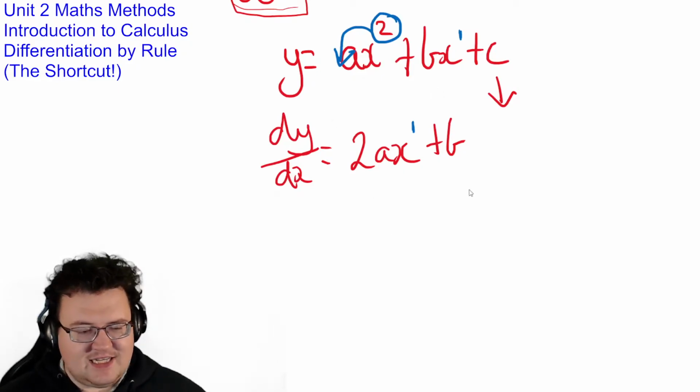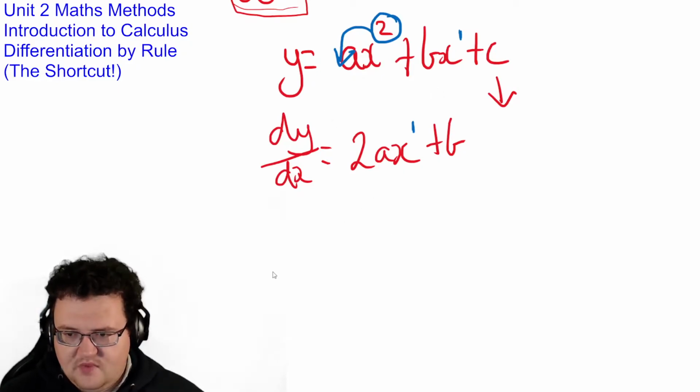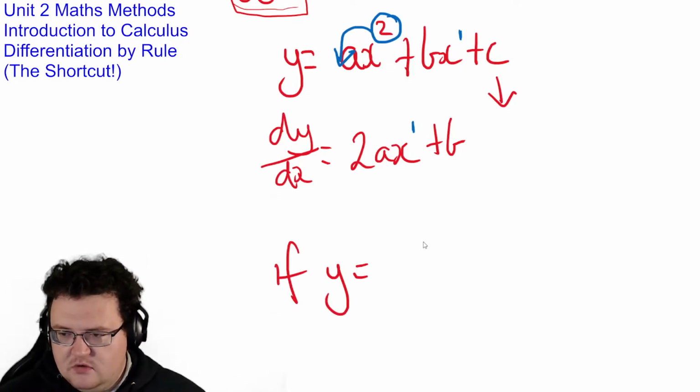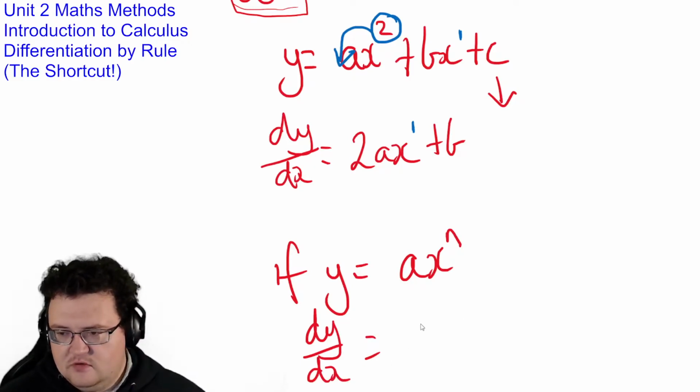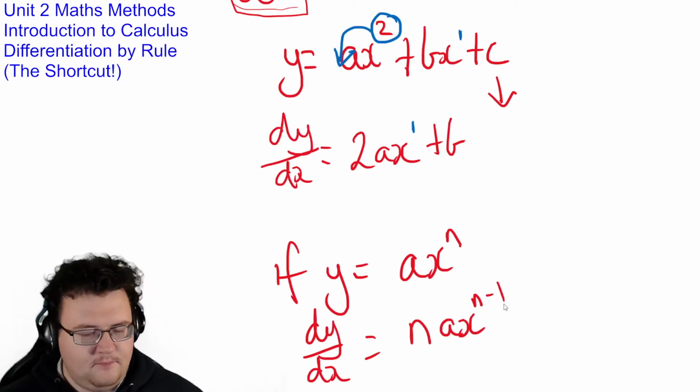So this is the basic concept of the rule. If y equals ax to the n, dy dx equals nax to the n minus 1.